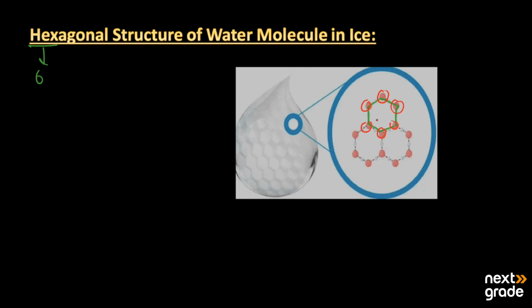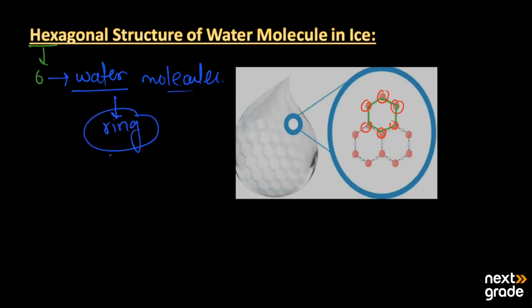In this structure, what happens? The 6 water molecules arrange themselves and form a ring, and that ring has empty spaces.